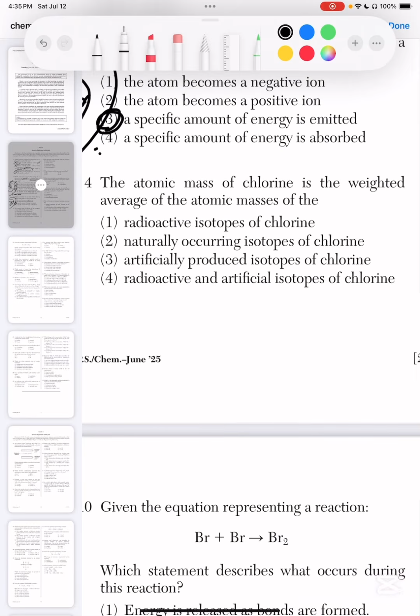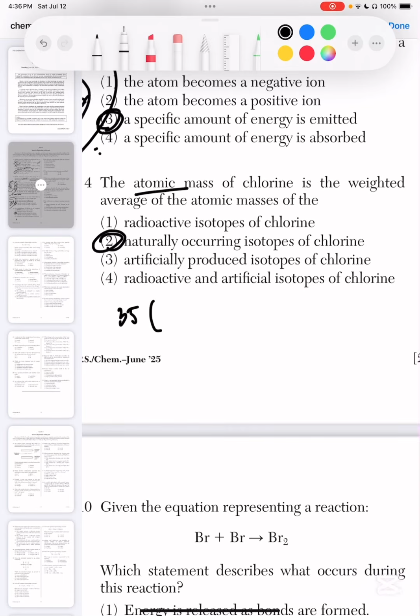Atomic mass of chlorine is the weighted average of the atomic masses of naturally occurring isotopes. So the atomic mass is basically the combination of different isotopes you have of chlorine. So the formula to calculating it is the mass of the isotope. So say like, I think it's 35 and 37 for chlorine.